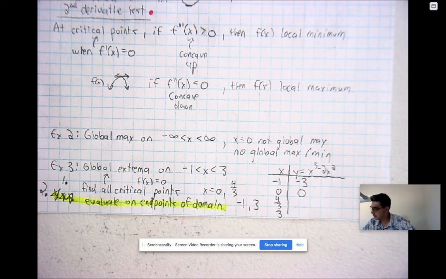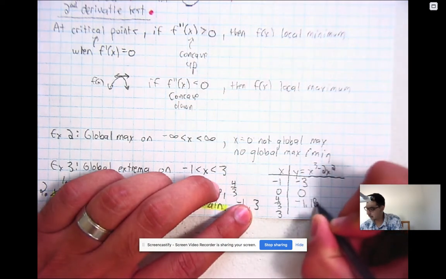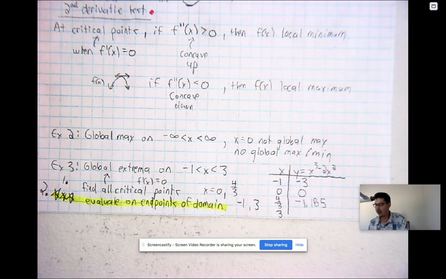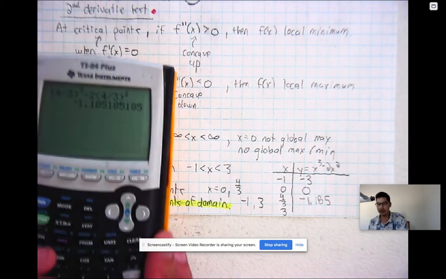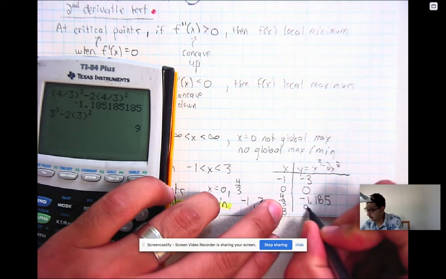And at 4/3, that one I need a calculator for, 4/3 to the third power minus 2 times 4/3 squared. Well, that gives me -1.185 approximately. And if I plug in 3 into my calculator, so 3 to the third minus 2 times 3 squared, well, then I get 9.